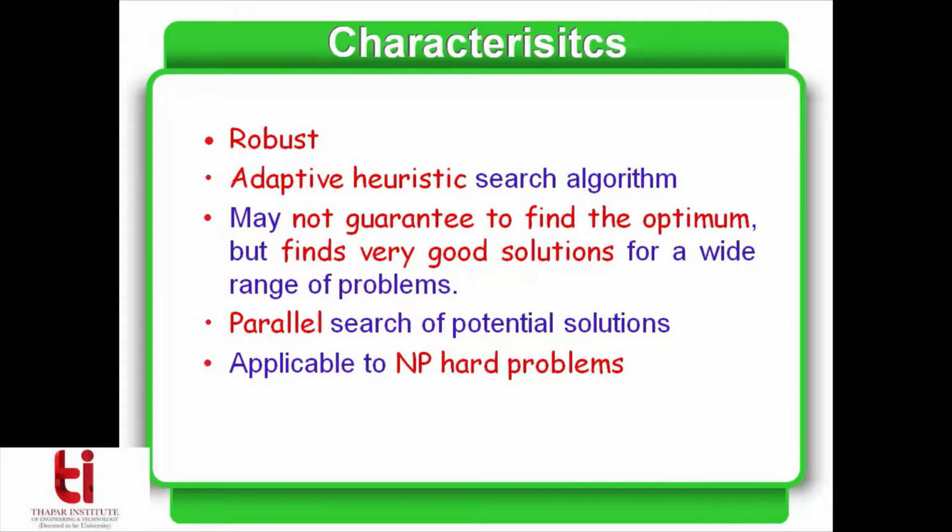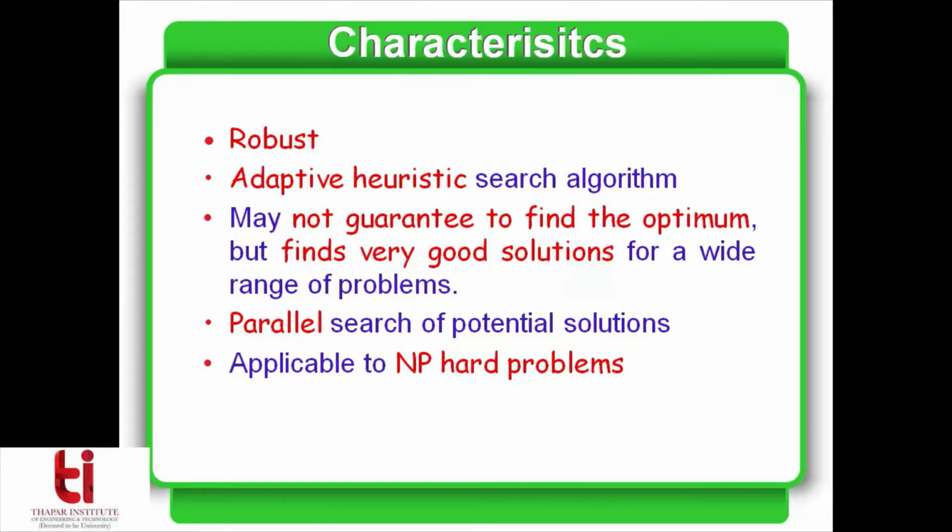As I explained last time, since you are taking members of the population as the alternative or possible solutions, which may be from different points in your search space, all of them are getting evaluated for how good they are or whether they are a potential solution or not. So that allows the parallel search for a good solution in my entire search space, which makes them quite effective.